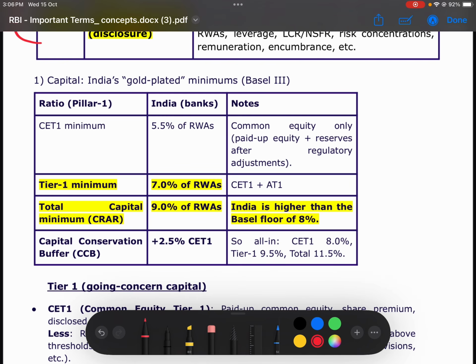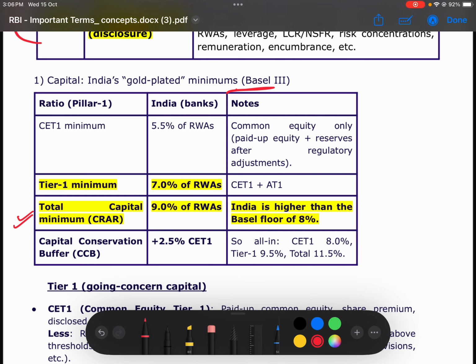There is a mandate by Basel III that each institution covered by the Basel has to keep some minimum amount of capital. The most important one is the CRAR, total minimum capital. What is CRAR?